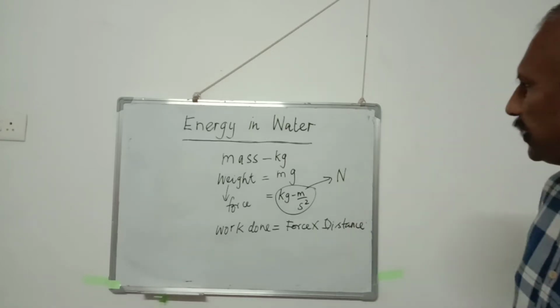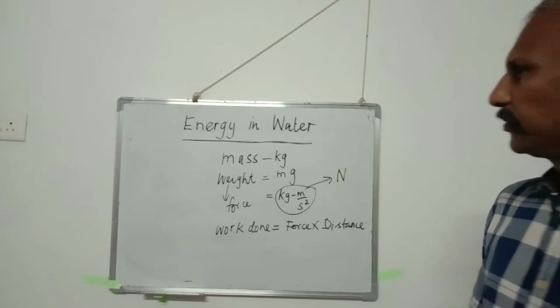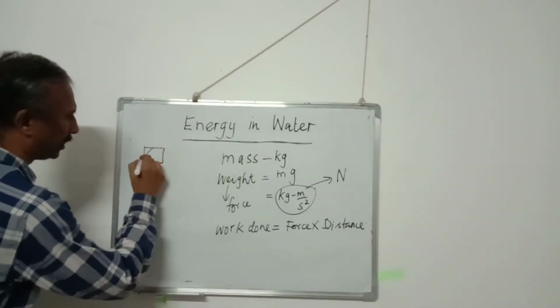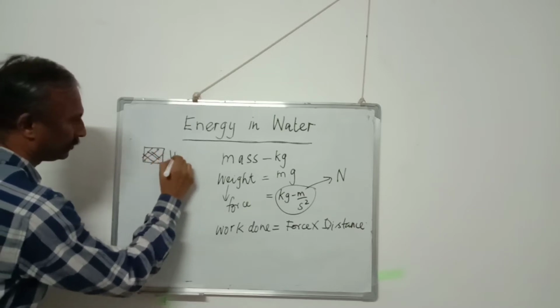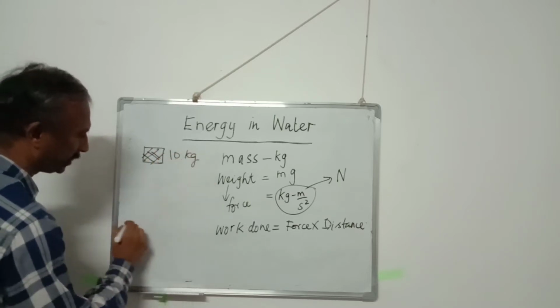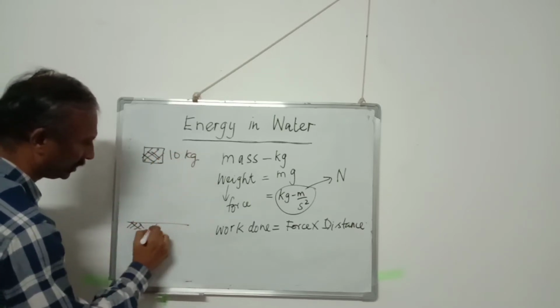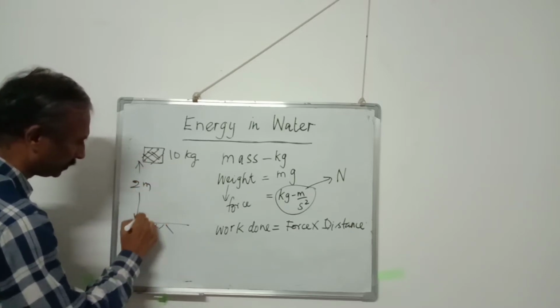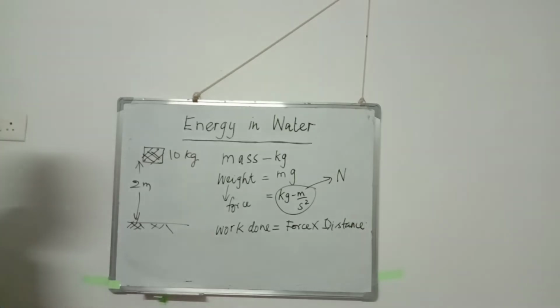So, for instance, let us assume that there is a mass of 10 kg and it is at a distance of 2 meters from the land surface.